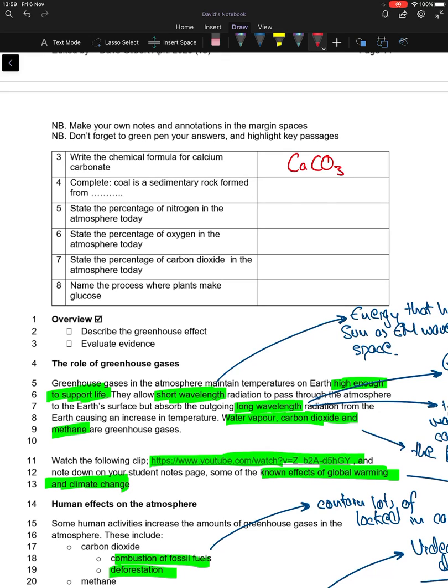Coal is a sedimentary rock formed from thick plant deposits. Take the percentage of nitrogen in the atmosphere today, it's around 79 to 80%. Oxygen, it's around 20 to 21%. Carbon dioxide, it's about 0.037%. And then the process where plants make glucose is photosynthesis.